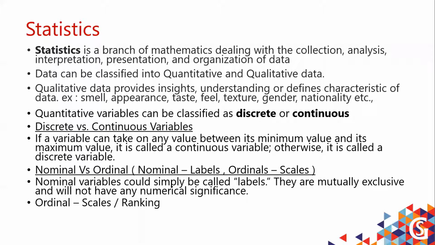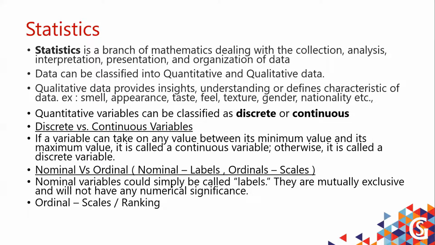Discrete data takes the actual numbers, like the integer numbers, and the continuous variables are something which can take any real number in between the minimum and the maximum value. So let's say, for example, if you are measuring your own height, every year your height is growing by 2.3 centimeters, or maybe 3.4 inches.